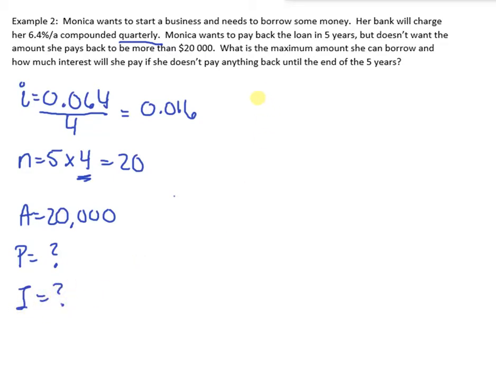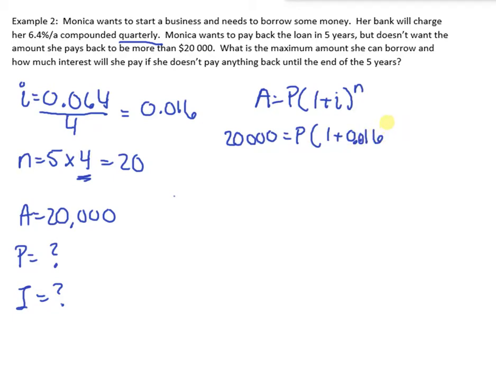Okay, so let's go. The amount equals P(1 plus i) to the n. We know that the amount is going to be capped at $20,000. We don't know how much she's borrowing, but we know it's going to be 1.016, 20 times. So this is simply 1.016 to the 20.